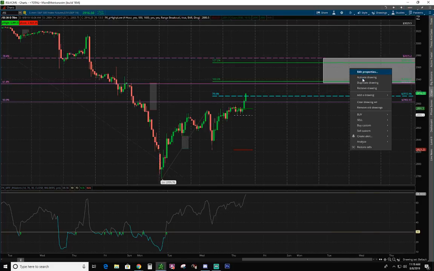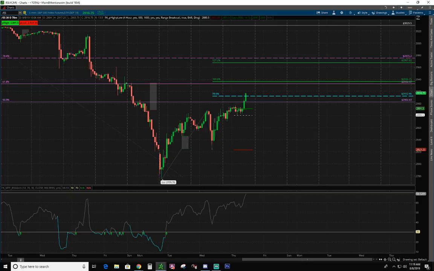Sixteens. What a move on the S&Ps. See how we opened outside the range? Opened outside of the range, and look where we are.